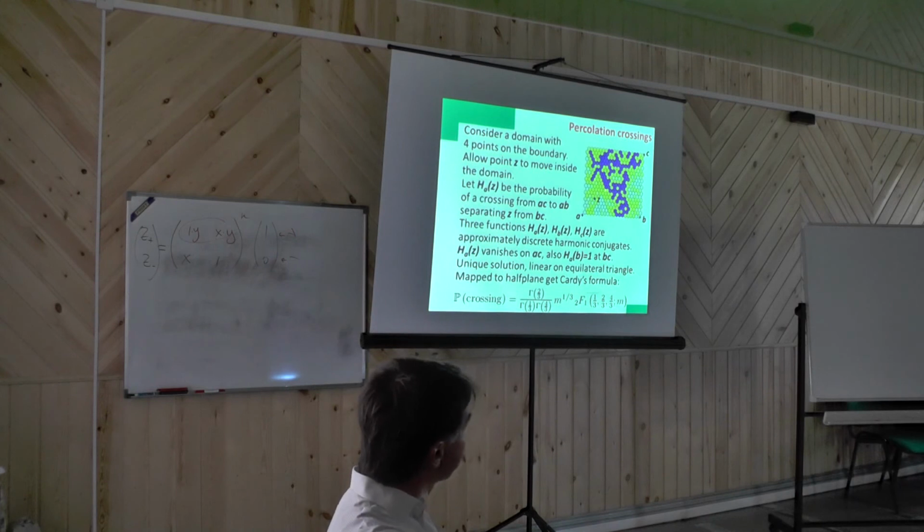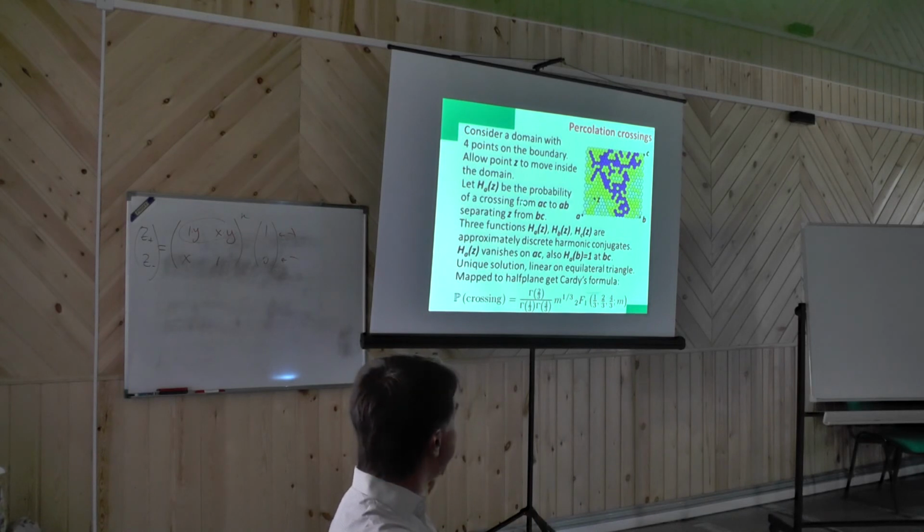Now what we did, we allowed this point Z to move inside. And we look at the probability H that there is a blue crossing which separates A and Z from B and C. So if Z moves on the boundary, it's just the probability of crossing a rectangle.